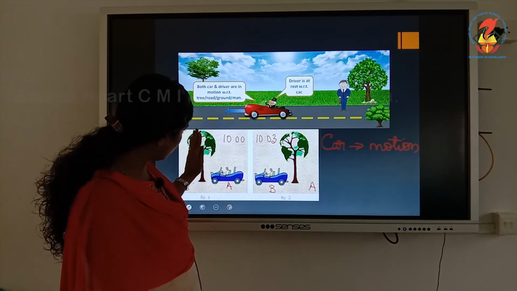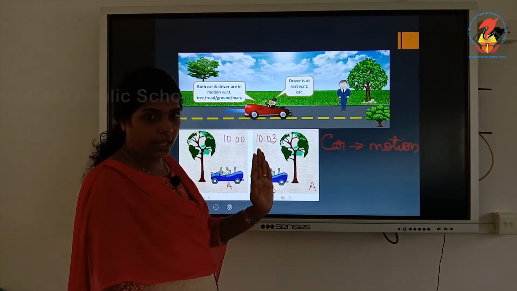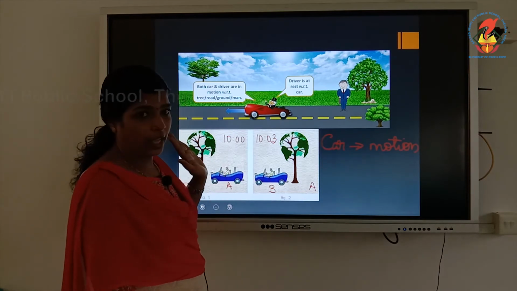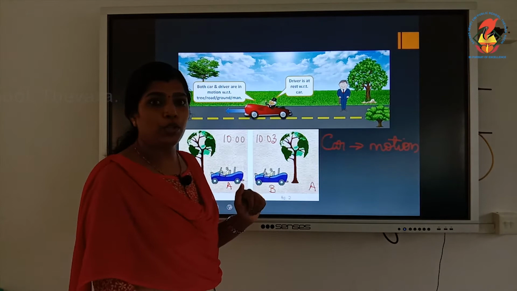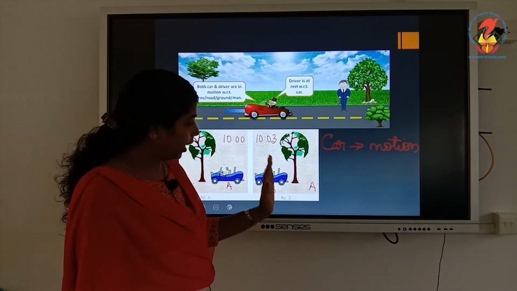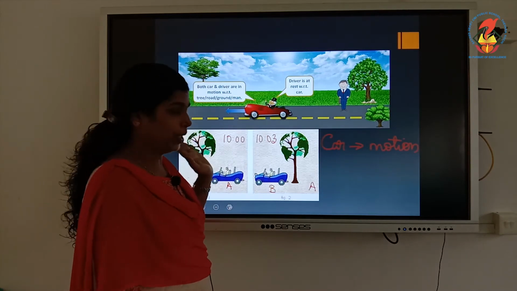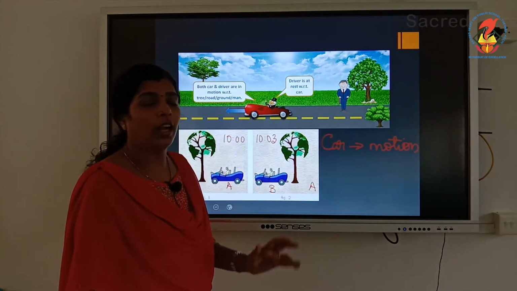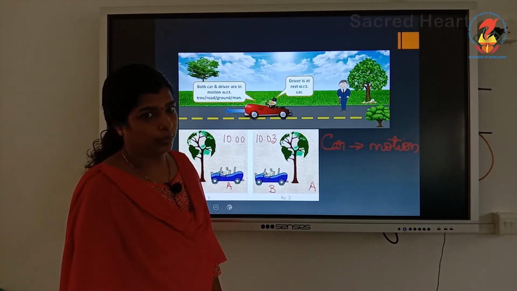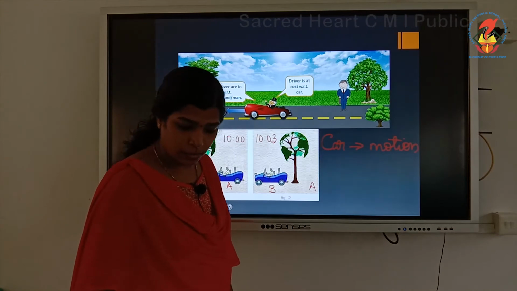With respect to this tree, the position of the car at 10 a.m. is at A. With respect to this tree, the position of the car at 10:03 is at B. So, with respect to this tree, the car is in motion.